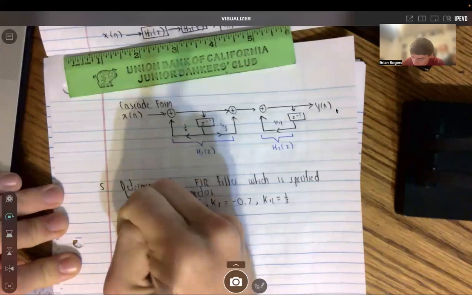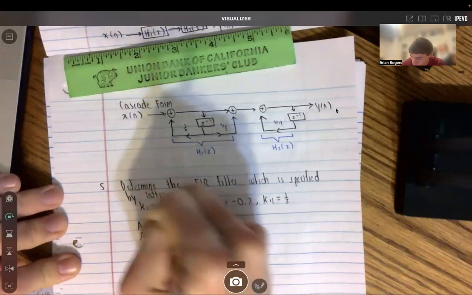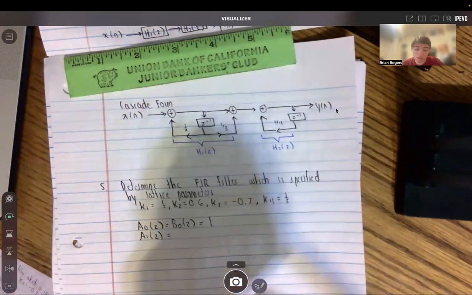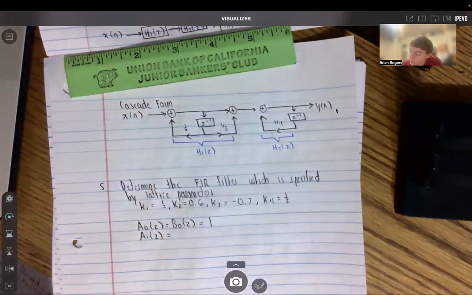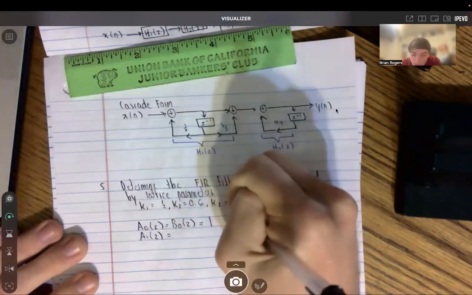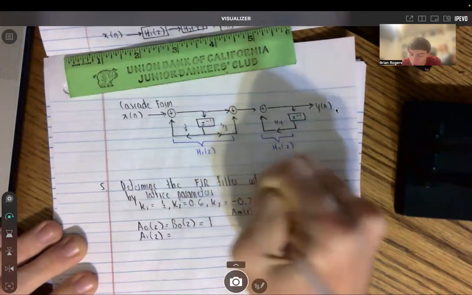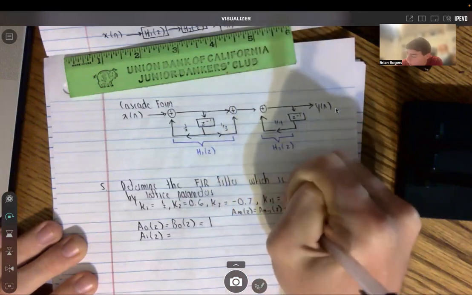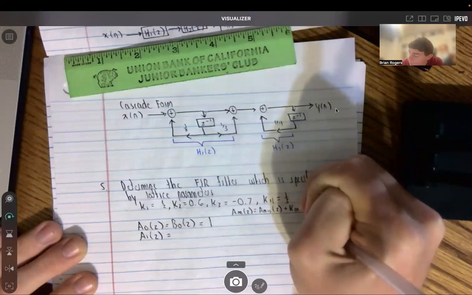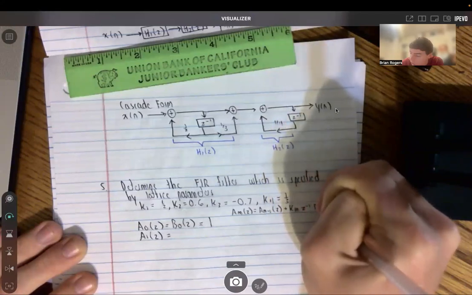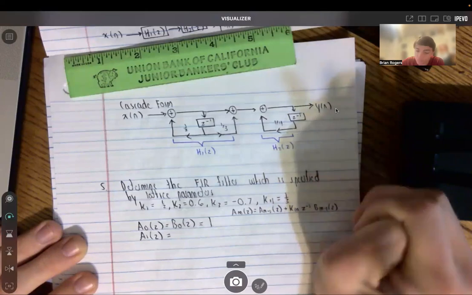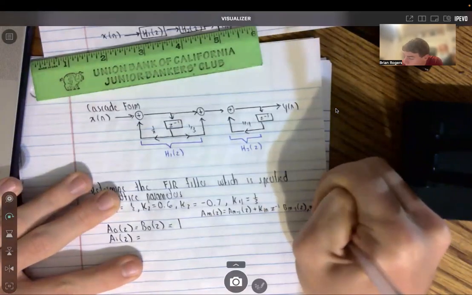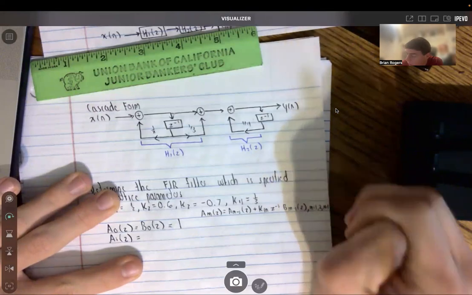And so then here, your A1 of z is going to equal, and then it follows sort of a general rule. Let me just put the general rule up here. Am of z is going to equal Am minus 1 of z, plus Km times z to the negative 1 times Bm minus 1 of z, and that's for m equals 1, 2, all the way up to capital M minus 1.